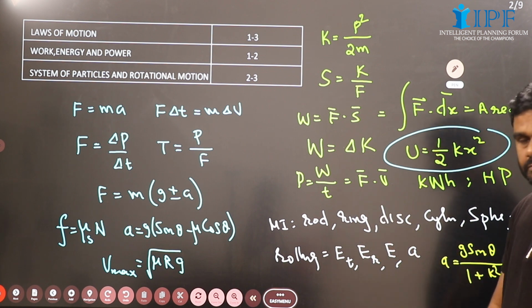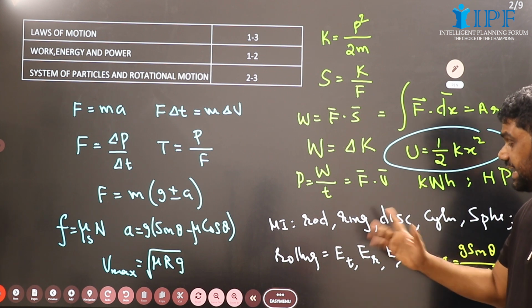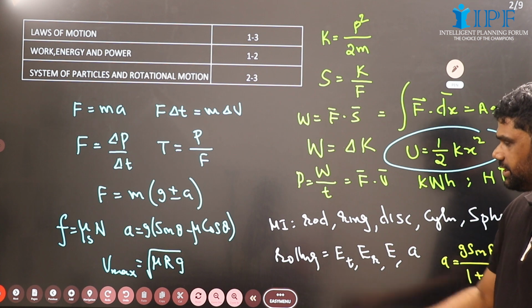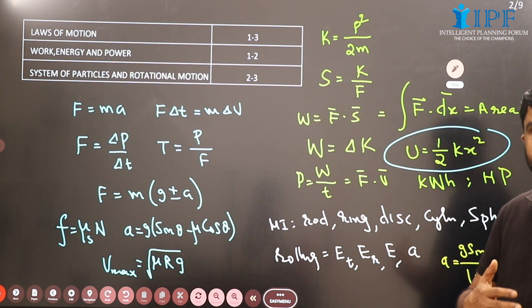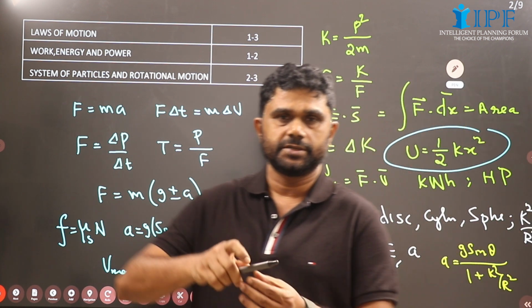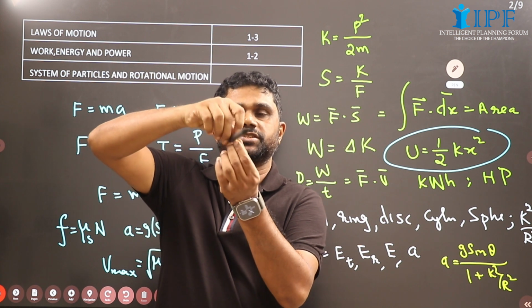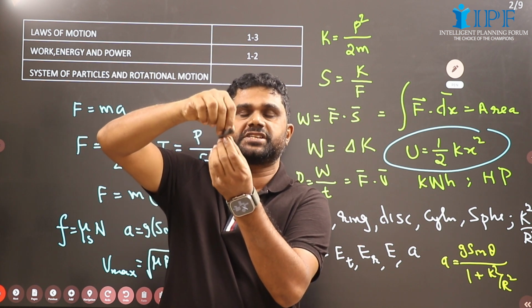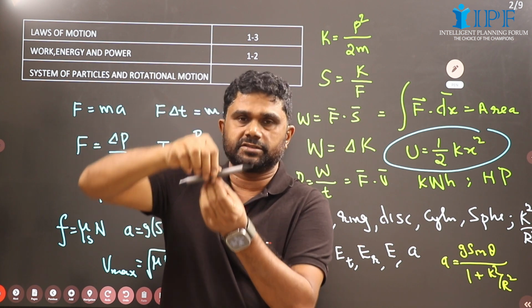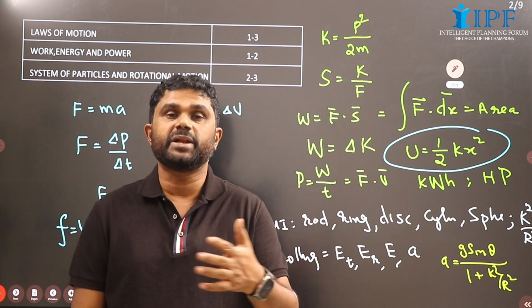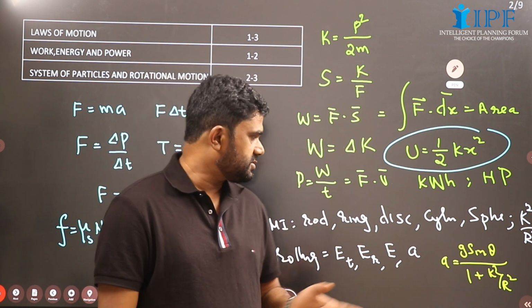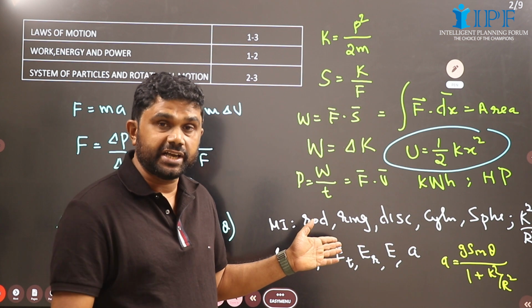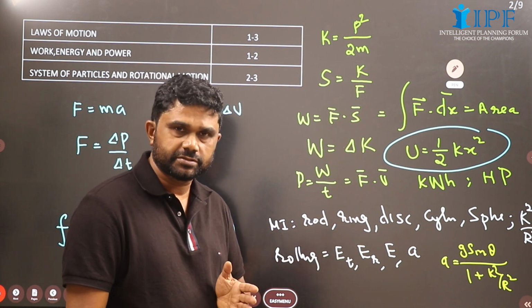One is a uniform rod, the second is a ring. The moment of inertia of a uniform rod about its central axis, meaning it is rotating about an axis passing through its center and perpendicular to its length, is ml square by 12. And then the moment of inertia of a ring and of a disc.